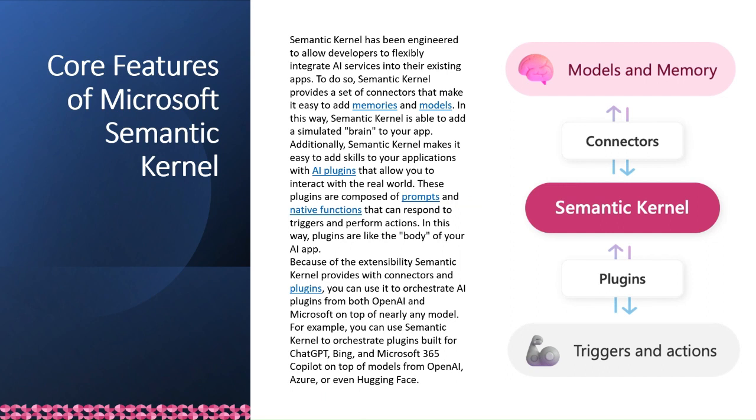Semantic Kernel also makes it easy to add skills to our applications with AI plugins that allow us to integrate with the real world. The plugins are composed of prompts and native functions that can respond to triggers and perform actions. In this way, plugins are like the body of our AI app. You can find more in the directory in GitHub from Microsoft.